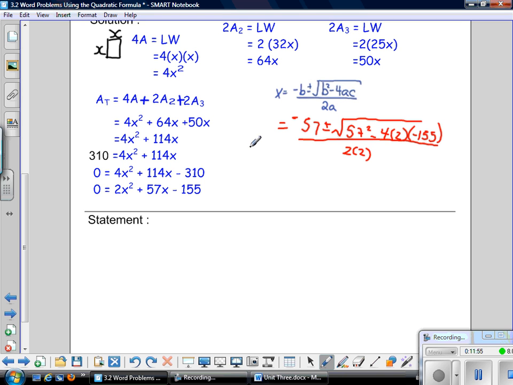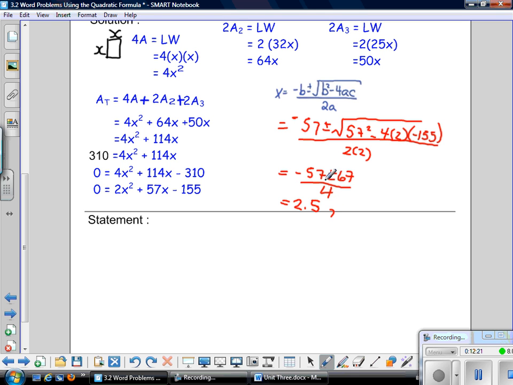And again, when we actually work those through, we end up that x equals negative 57 plus or minus 67, all over 4. And again, if I have negative 57 plus 67, divided by 4 is 2.5.